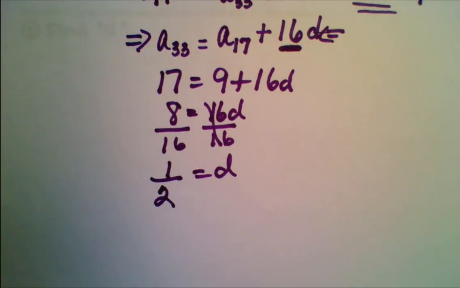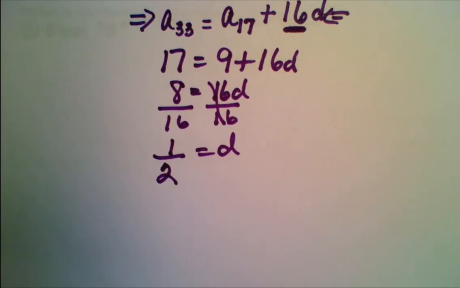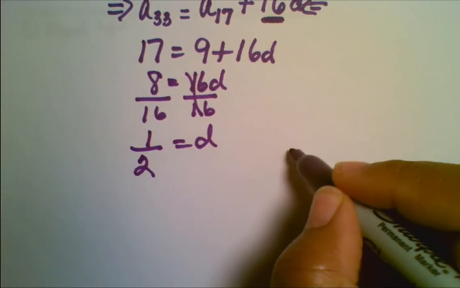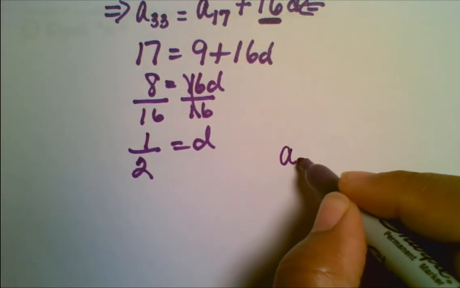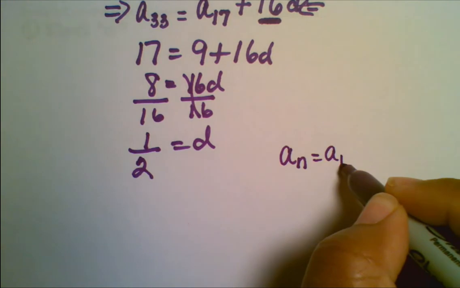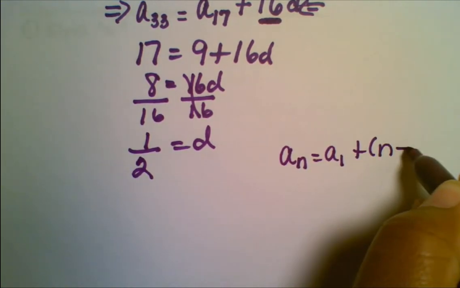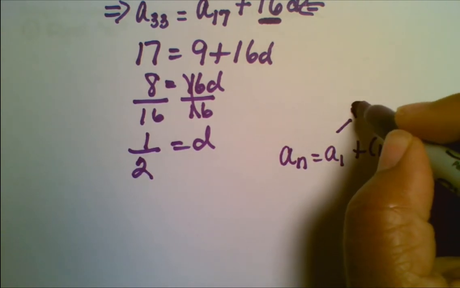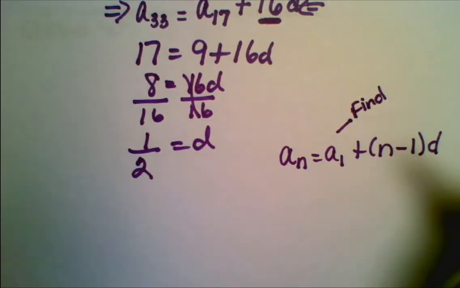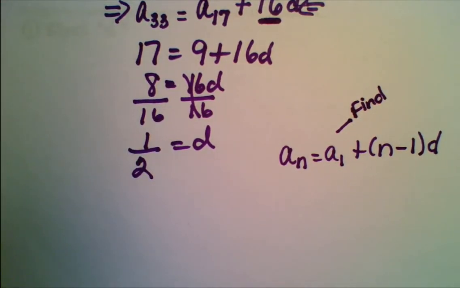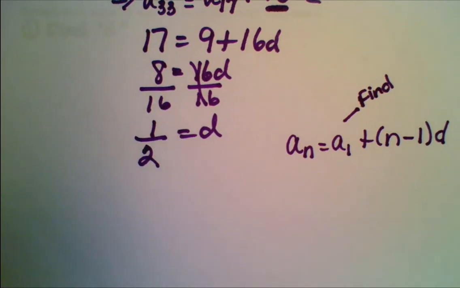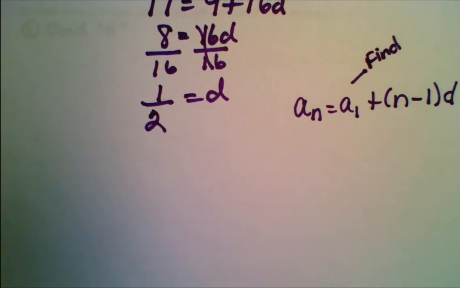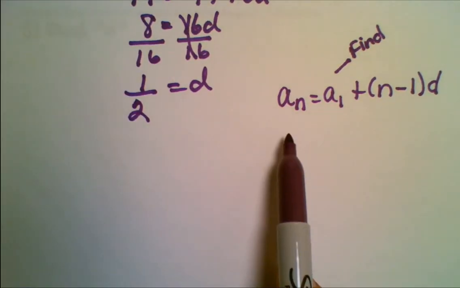So next, what we want to do here is take our formula, which is a sub n is equal to a sub 1 plus n minus 1 times D, because we want to find the first term in this sequence. You may say, well, Miss Lewis, what am I going to use for a sub n?